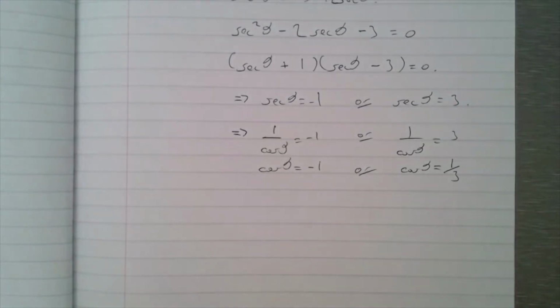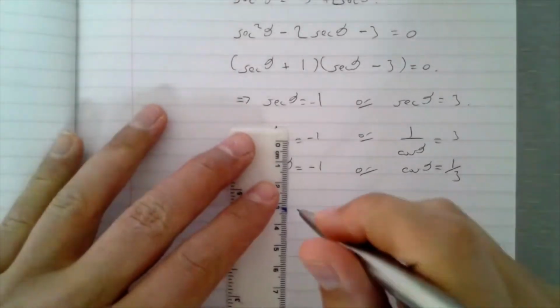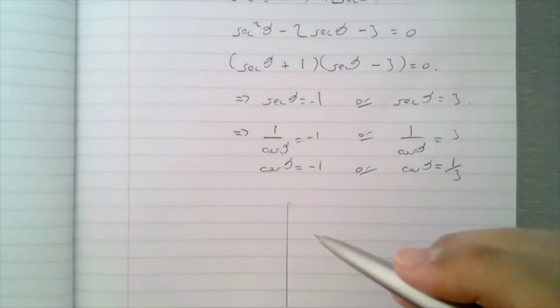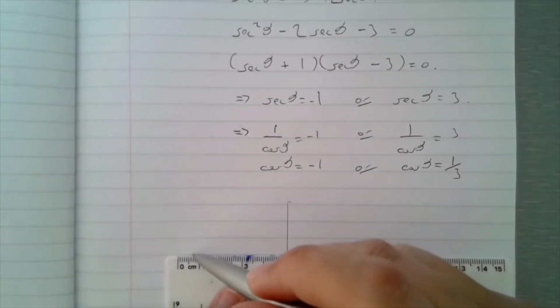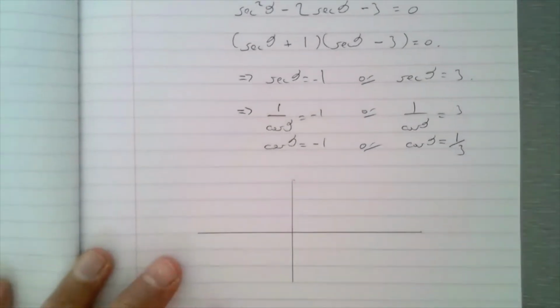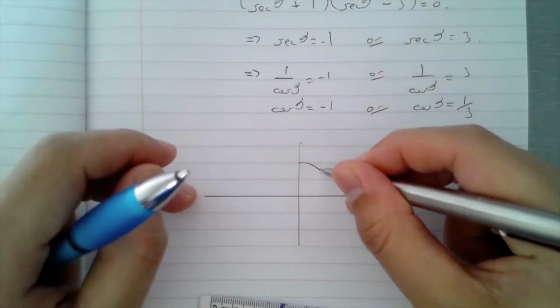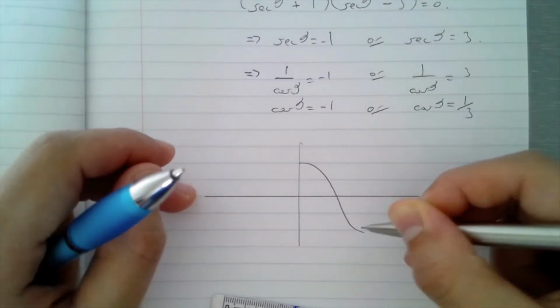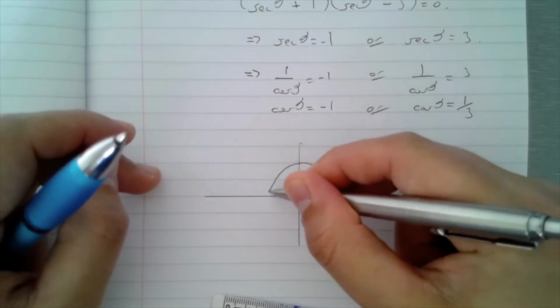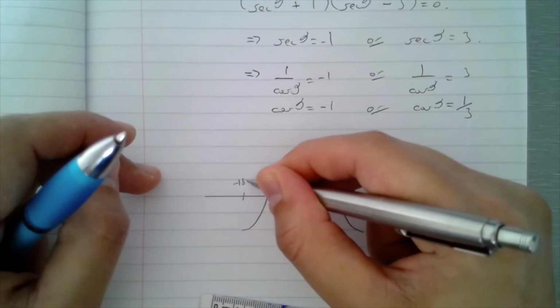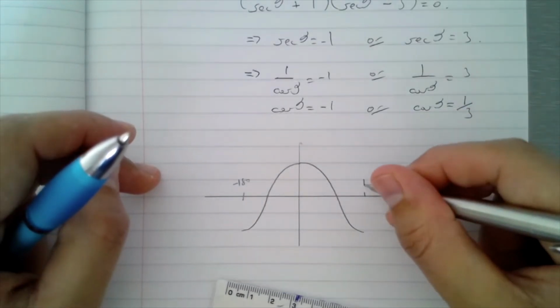Given that I've got these two bits here, what I need to do next is draw myself a diagram, a graph of cos theta. So that's down to minus 180, that's 180 there.